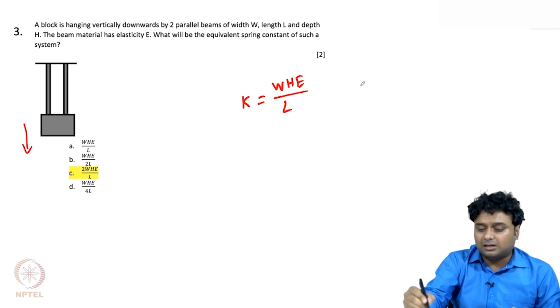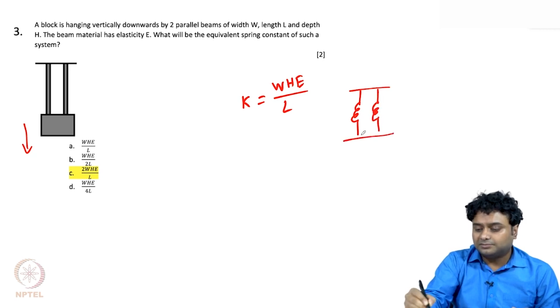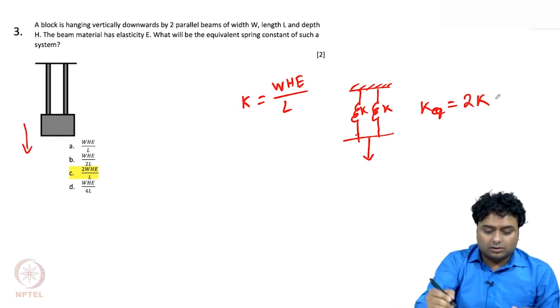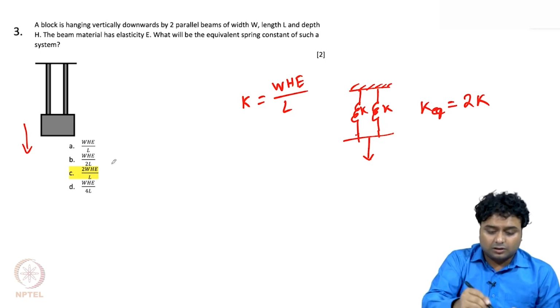So it is like a parallel spring, like two springs connected in parallel, and let us say we are pulling it, this is the fixed end. For this case we know that the equivalent spring constant K equivalent is equal to 2K, which we also discussed during the lectures, right. So here the correct option is 2WHE by L.